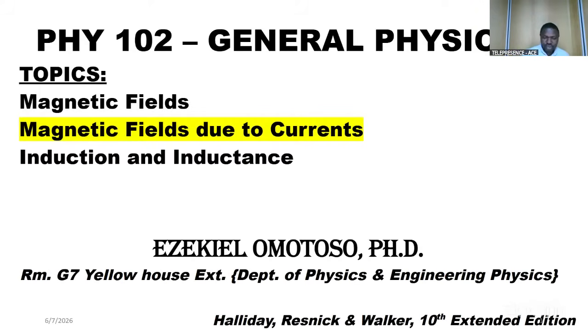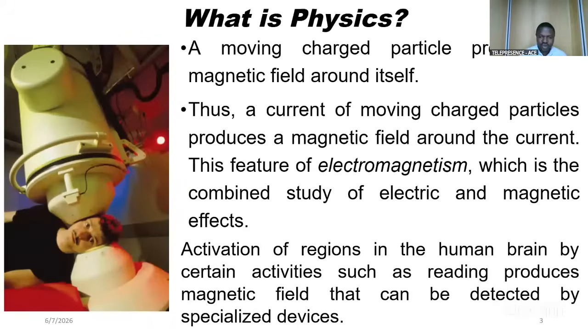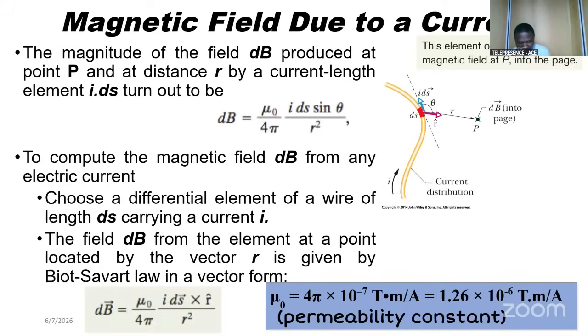I tried to introduce the course by explaining that, assuming we have a wire of an arbitrary shape and we want to determine the magnetic field at point P, the field is the permeability multiplied by the current, dot ds sine theta, all over 4 pi r squared.